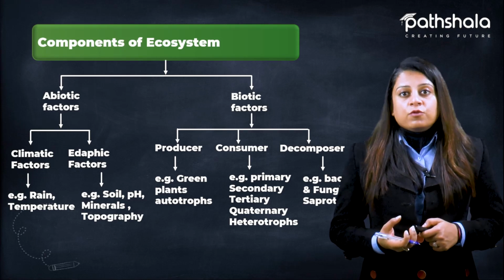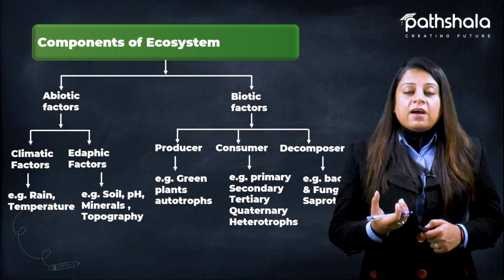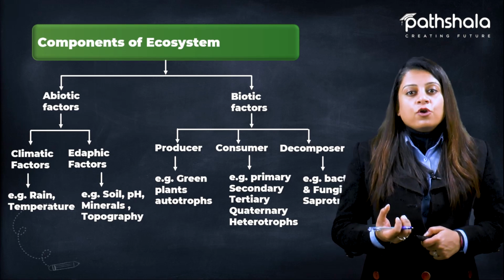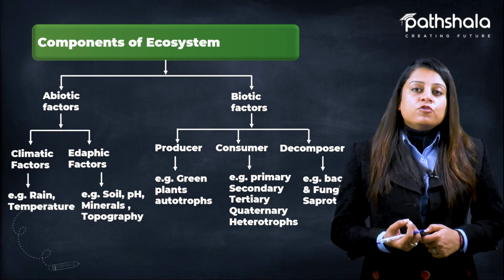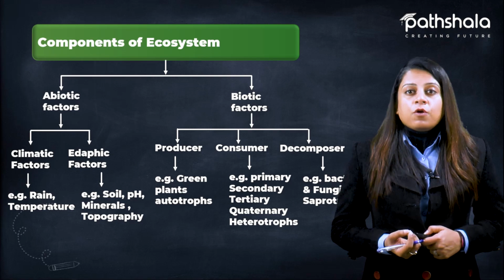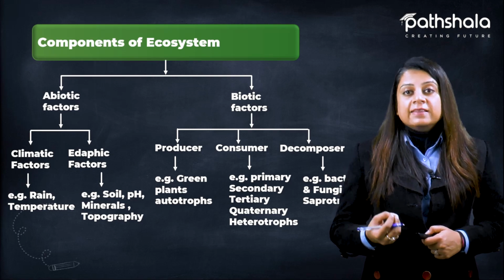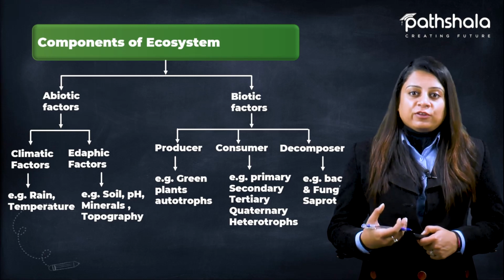These small carnivores are actually eating other organisms. So these large carnivores are termed tertiary or quaternary consumers. The term given to consumers is heterotrophs because they are not preparing their food on their own and they depend on plants or other animals for their food.